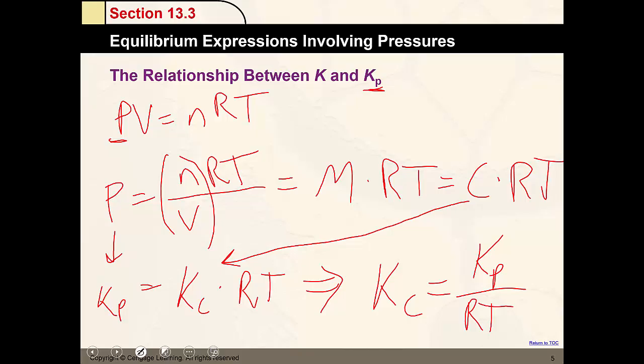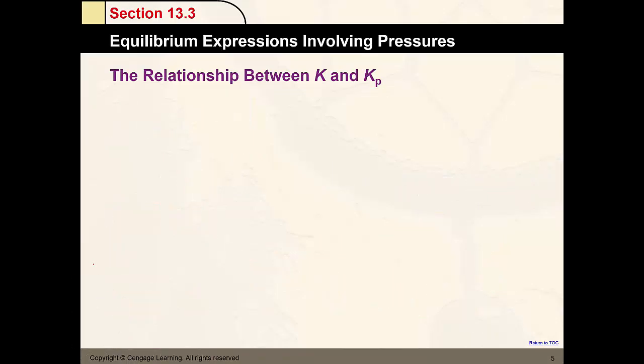The only thing that we have to add here is we have to take into account that not all of the reactants and or products will be gases. So what we have to do here is include the fact that the number of moles of gaseous products might not necessarily be equal to the moles of gaseous reactants.